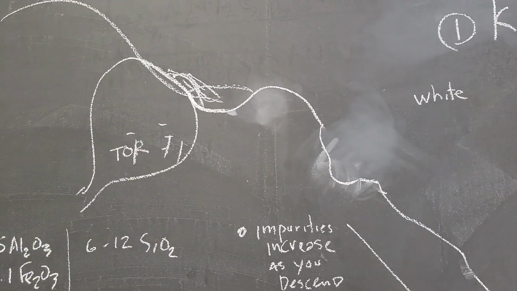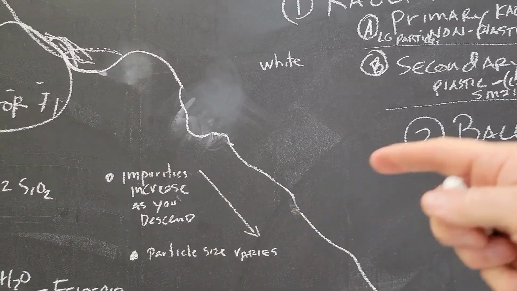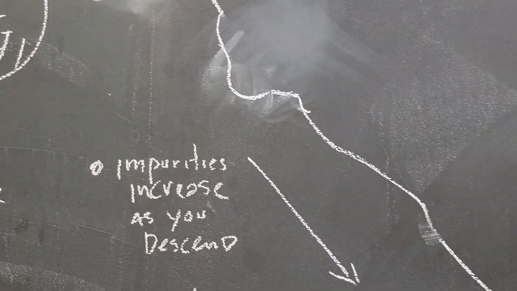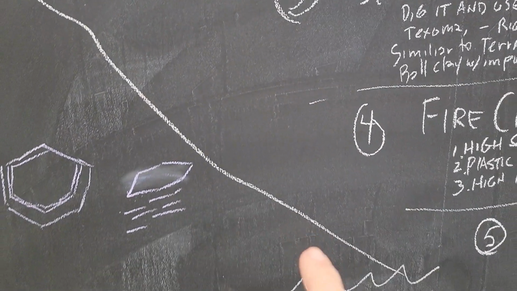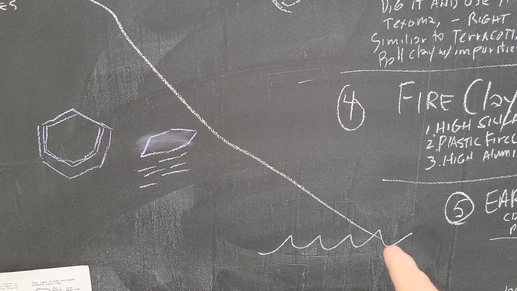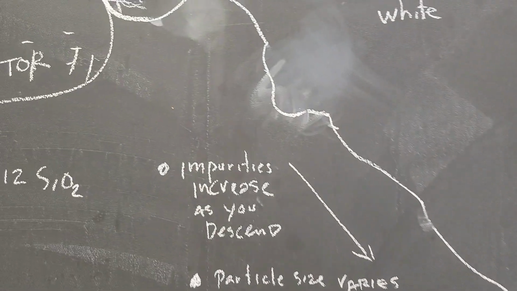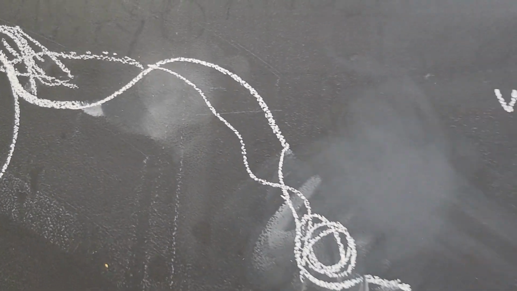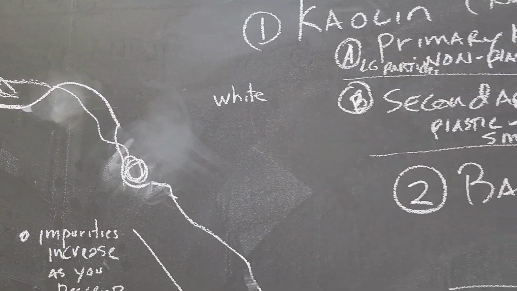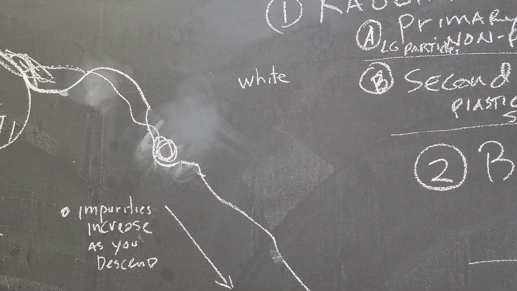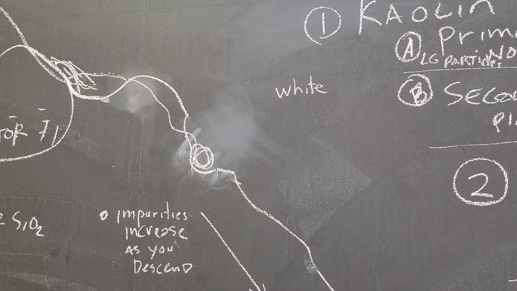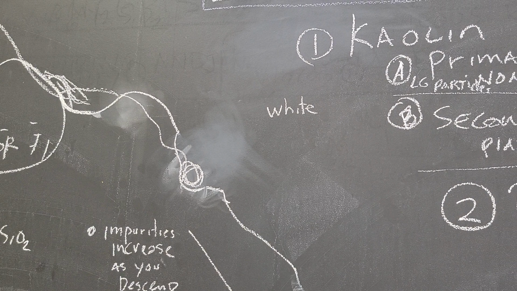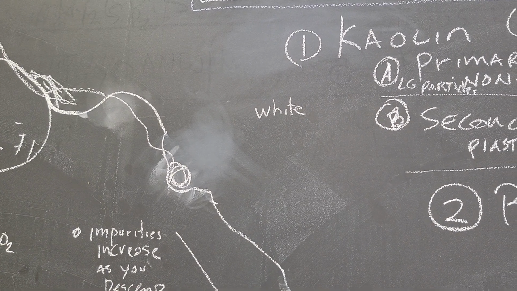Now, the reason I have this little line here is that this will be eroding down the way. Everything is eroding to the ocean. That's the ocean. Okay, so what'll happen here is when this erodes some more and it's deposited, that's what is called secondary kaolin. So it's been moved by water or wind or something like that, and then it goes to another spot.